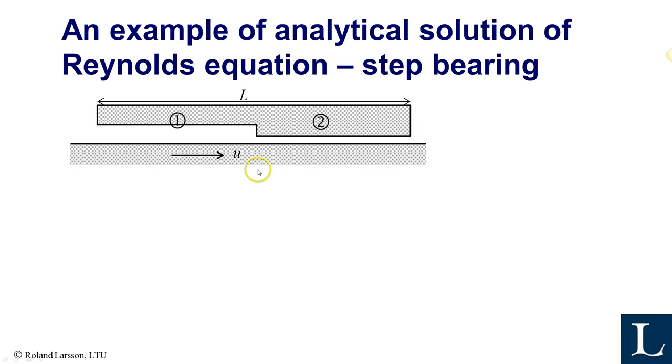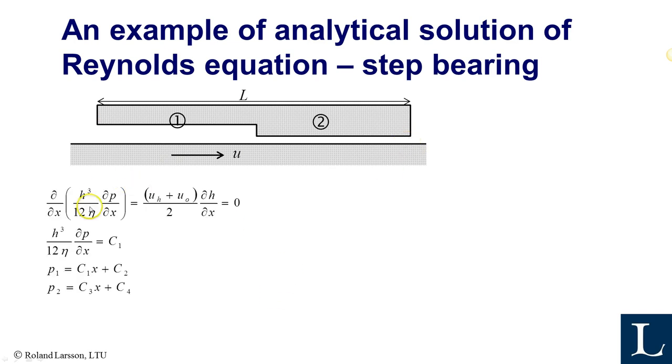So this is a bearing because there is a converging gap. It's a bigger inlet than the outlet here. You apply the Reynolds equation. Since the film thickness is constant, you solve it piecewise. You solve it first for this part, and then for the second part.